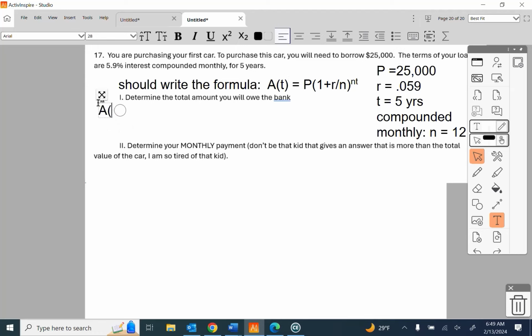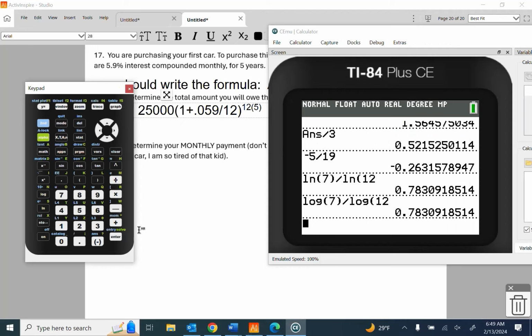So it's a 5-year loan, so t is 5. Principal is 25,000, 1 plus 0.059 sitting pretty over 12, and the exponent is going to be the product of 12 and 5 because it's nt. And then I push buttons. Seriously, that's what I do. It's not hard.